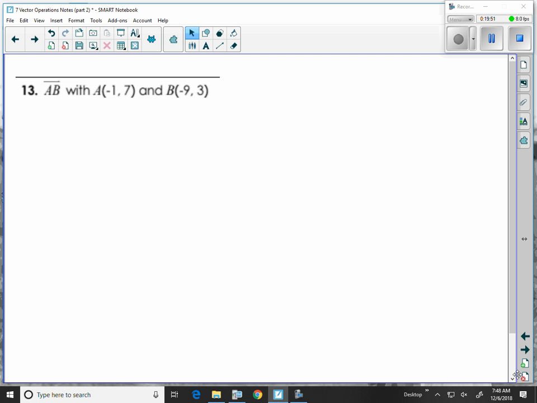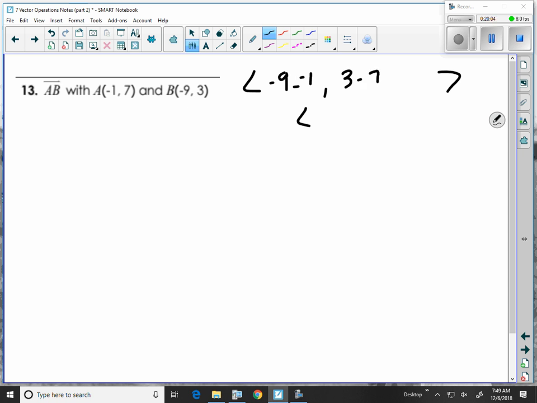Perfect. Here we just have to find that component form first. You're going to use this guy right here: x2 minus x1, y2 minus y1. Let me make sure I did my math right.